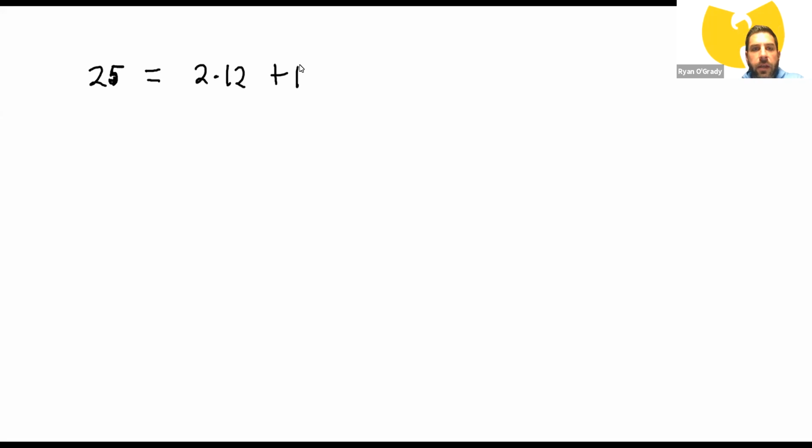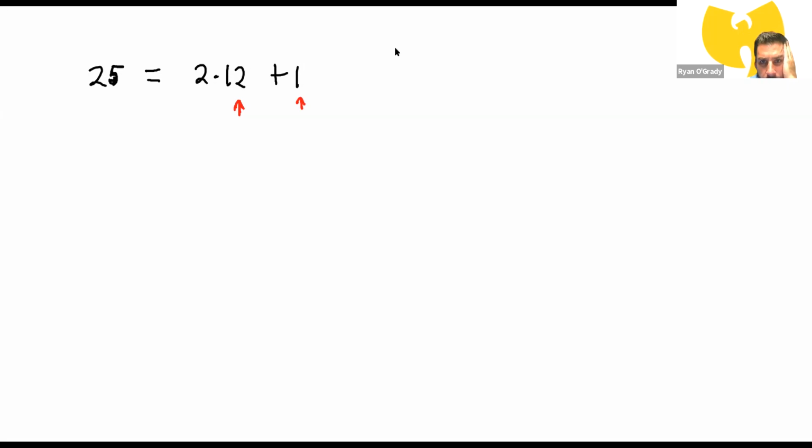The key thing is we want to look at two numbers here. We want to look at the remainder. This is important. And remember, we called this number 12 the quotient, because we were taking 25 and dividing it by 2. We called this the division algorithm.